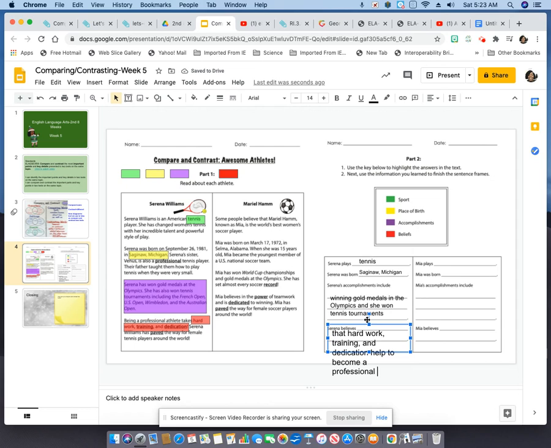I should say professional woman athlete, but it's okay. And you see that the text is too big, so we highlight it, hit the minus sign to decrease the size there. Okay, and that's how we do that.